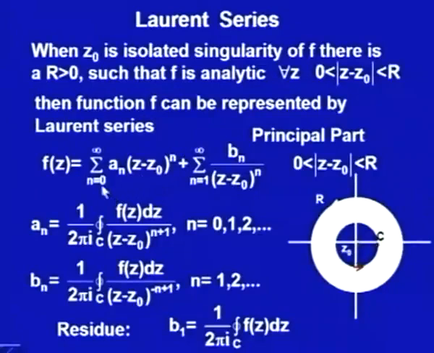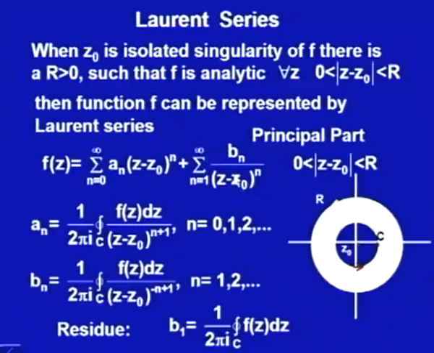In the Laurent series we have two parts. One is the power series part, and the other part has in the denominator the powers of Z minus Z naught. This second part is called the principal part of f(z). This principal part is important.